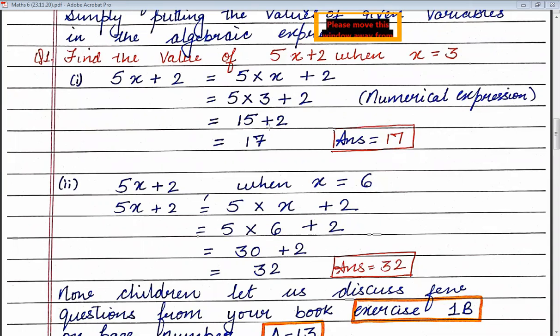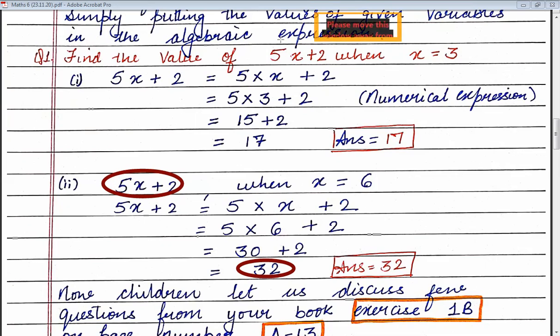So let us find out 5 into 6, 30 plus 2. So 30 plus 2 is equal to 32. So now the value of algebraic expression 5x plus 2 when x is equal to 6 is 32.